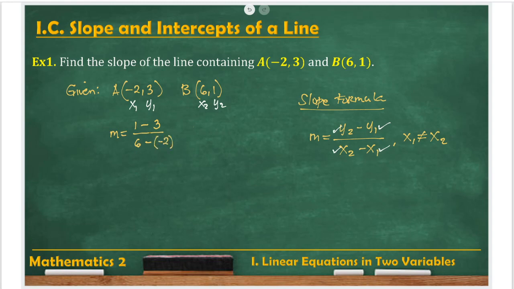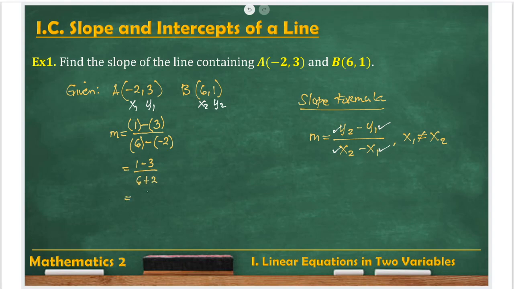To easily identify the coordinates, let's enclose each value with parentheses. We have m is equal to 1 minus 3 all over 6 minus a -2. Simplifying, 6 minus a -2 is 6 plus 2.